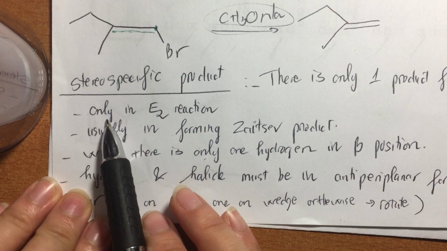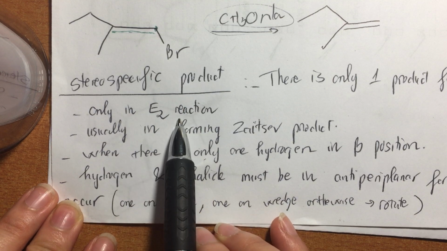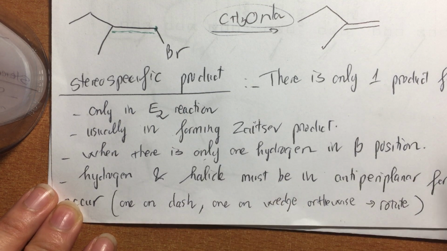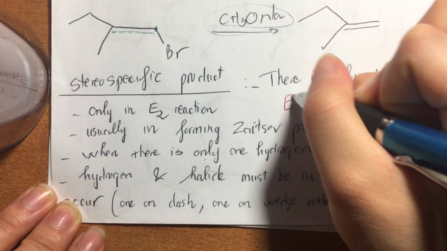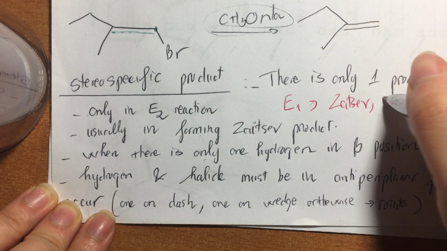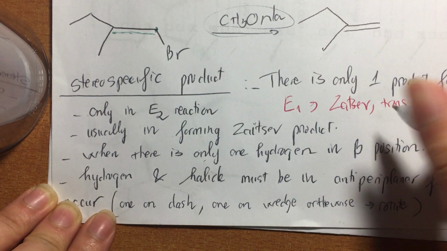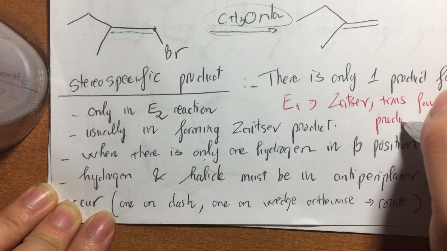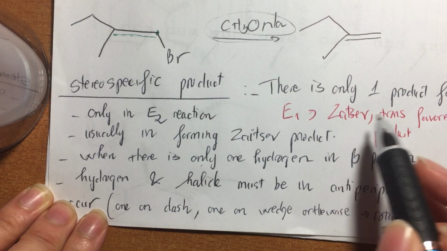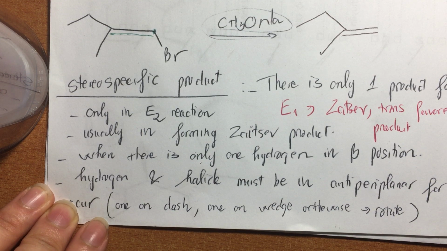Second, stereospecific products only form in an E2 reaction. We don't have stereospecific products in an E1 reaction, because in E1 we always have Zaitsev and trans-favored products.